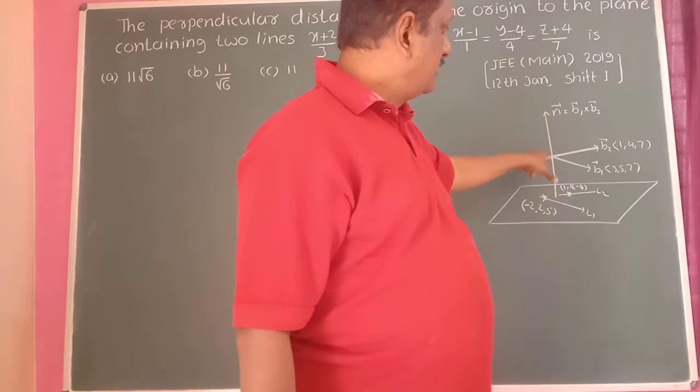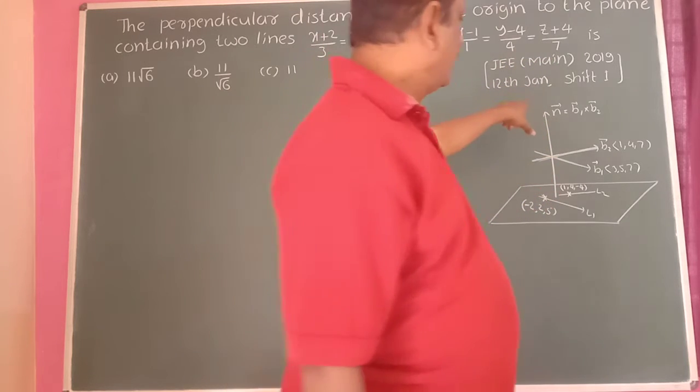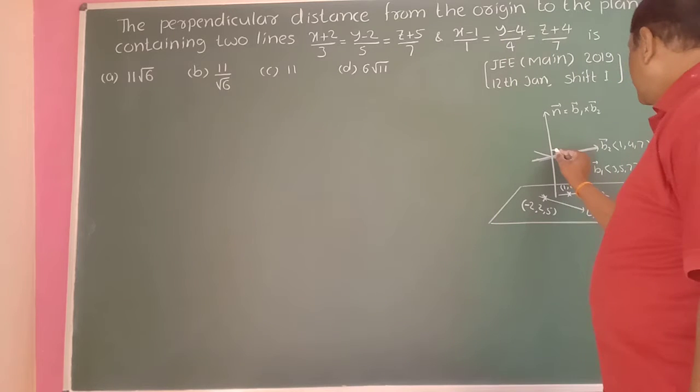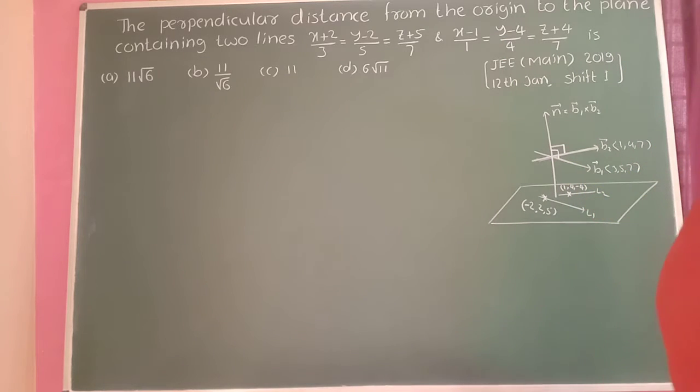Then obviously there is a vector perpendicular to both B1 and B2. So therefore n bar is equal to B1 cross B2. It is normal to this plane.